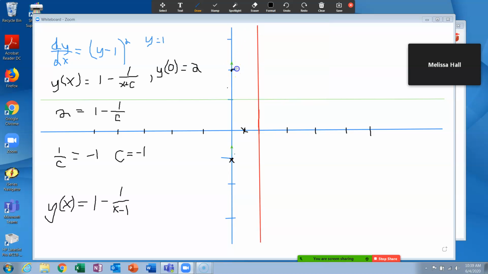You're going to be somewhere, ooh, we don't want to be in line mode. Okay, we want to be in draw mode. Okay, so your function has got to be approaching, that's ugly, in that direction and approaching the horizontal asymptote for large values of negative x. That's where you are, that's where you're stuck.